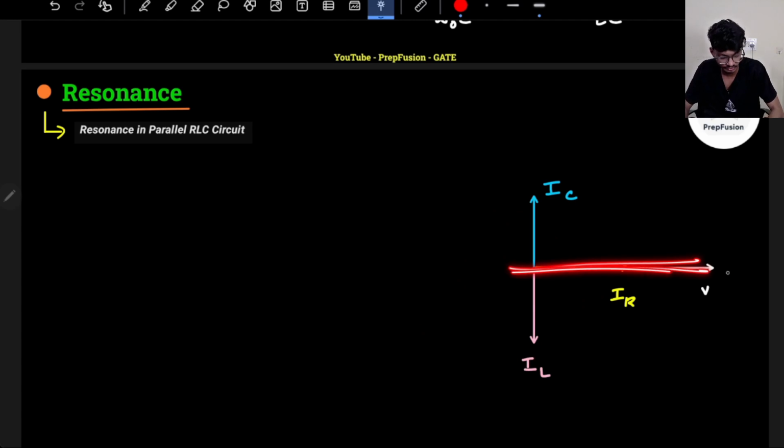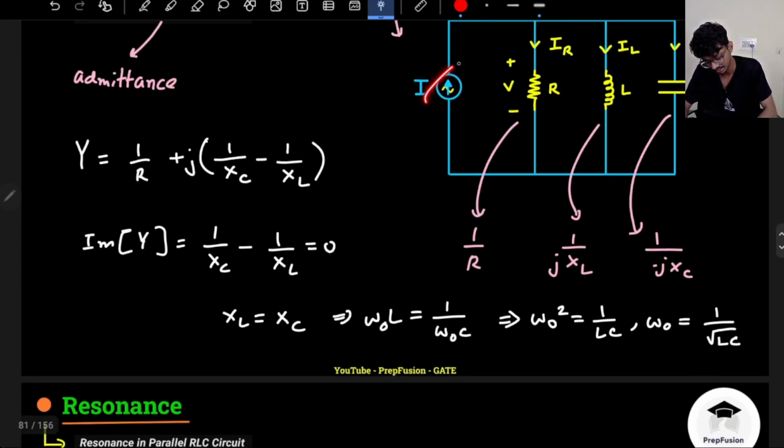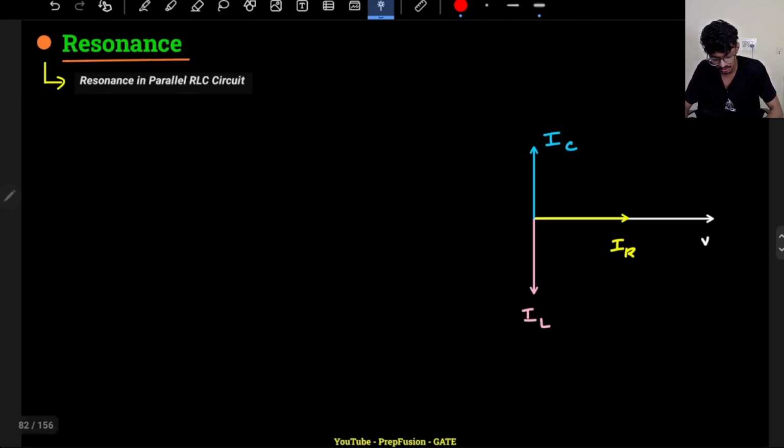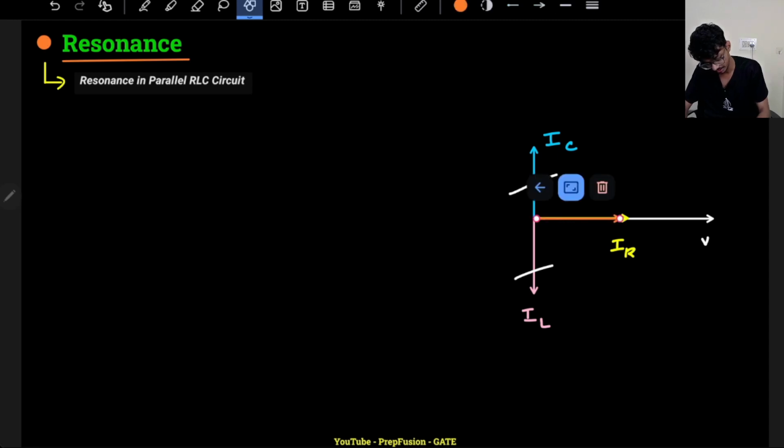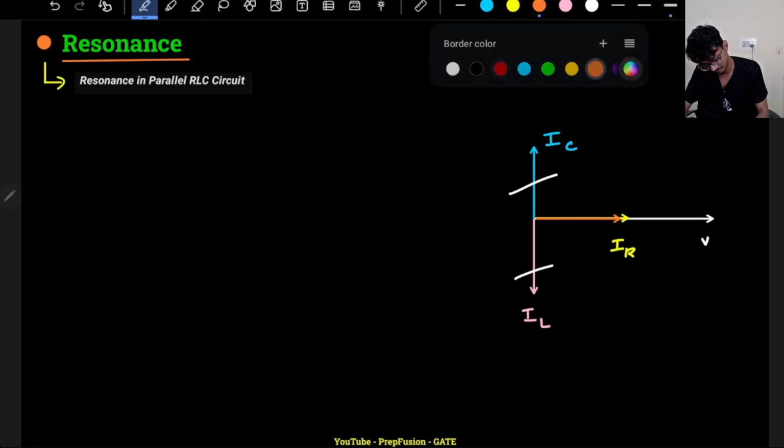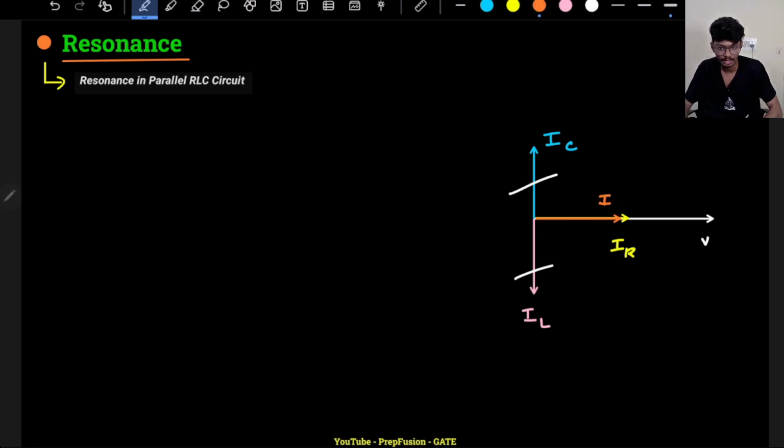I don't want any phase difference between voltage and the overall current. So I want the capacitor current and the inductor current to cancel each other out. So ultimately my overall current I will equal IR only.